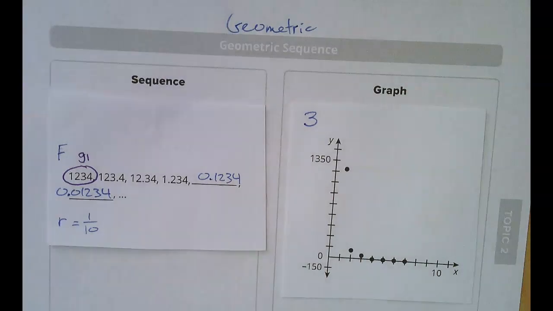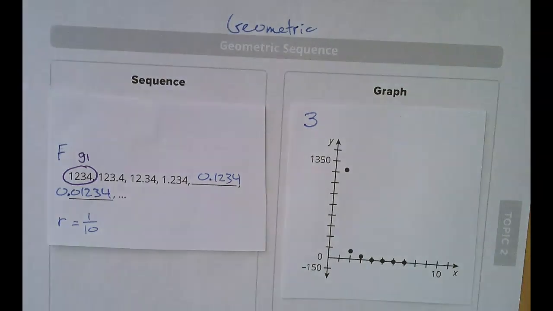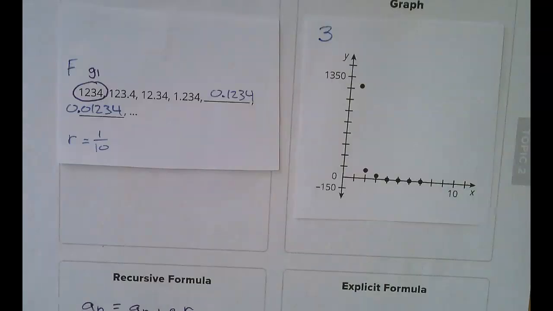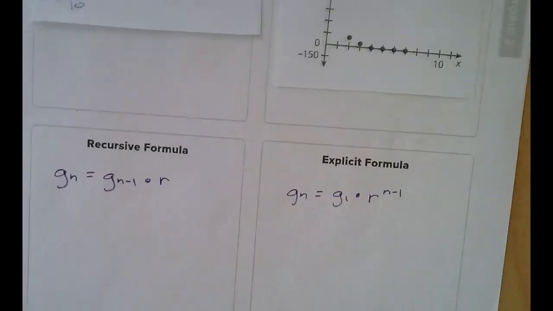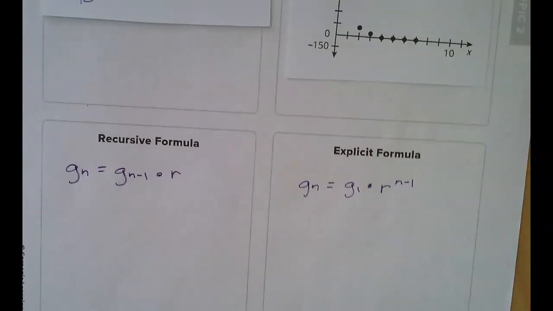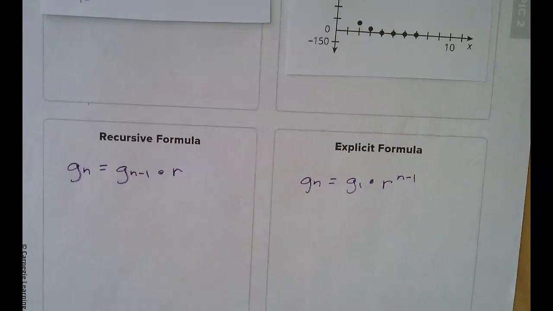And the reason we're using a G instead of an A is because it's a geometric sequence. G for geometric. So now here are the general formulas for geometric sequences. We have our general recursive formula and our general explicit formula.